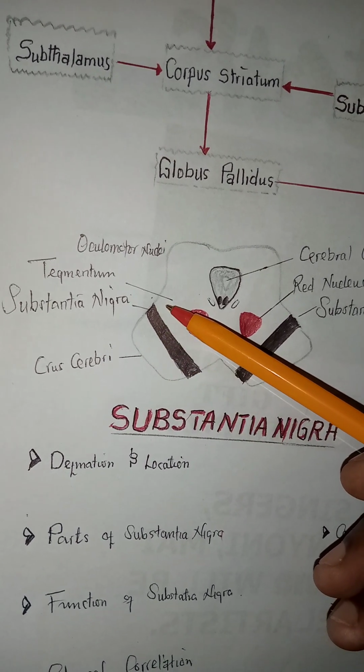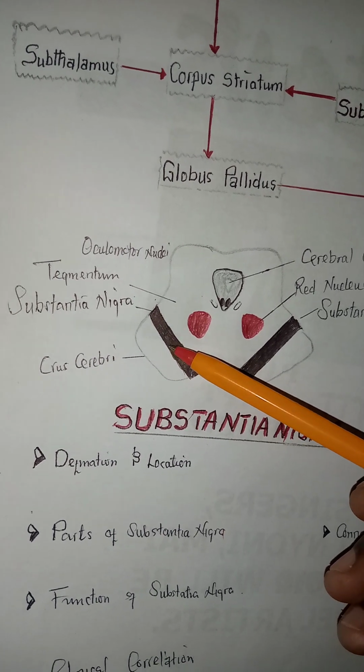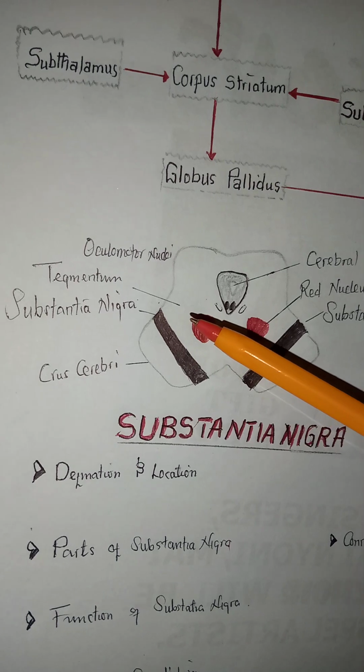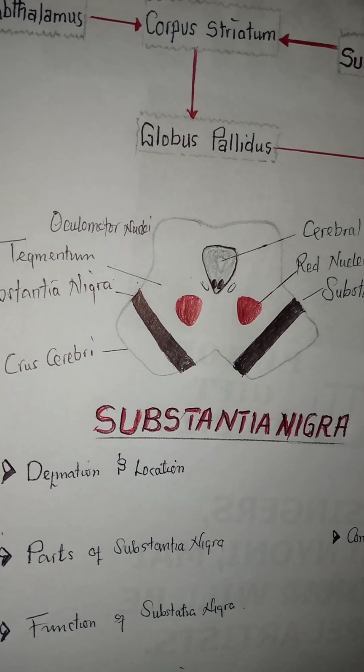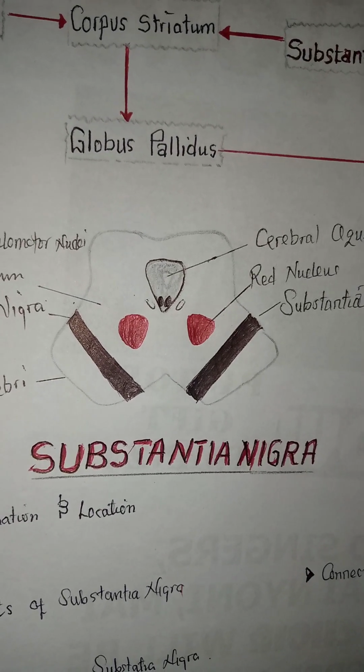So between the tegmentum and crus cerebri we find the substantia nigra. This is basically within the midbrain, that is the brain stem. Alright, so now we know the definition and where we find the substantia nigra.